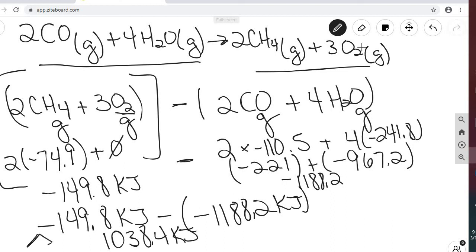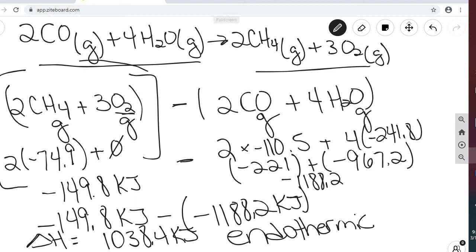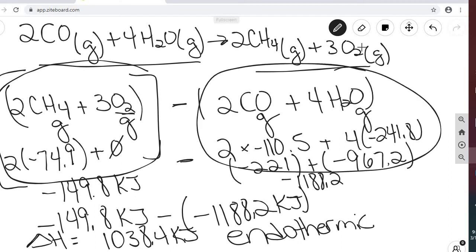So delta H, and that is an endothermic reaction. Okay. So we took the delta H associated with the product side minus the delta H associated with the reactant side, and got the calculated delta H, and then because it's positive, it is an endothermic reaction.